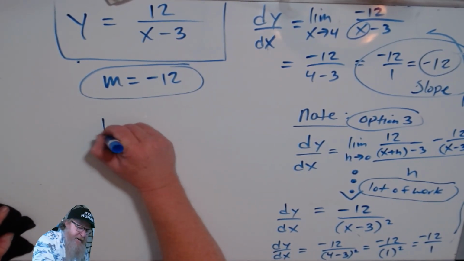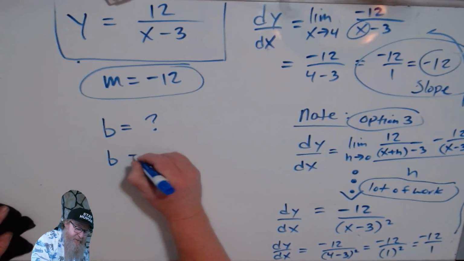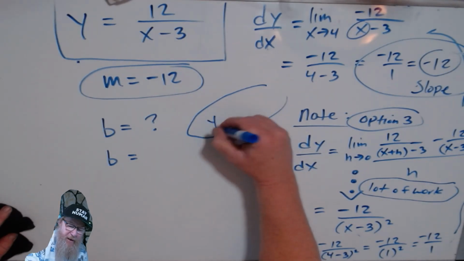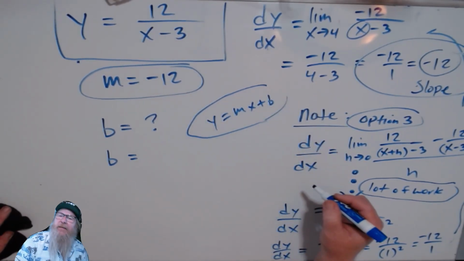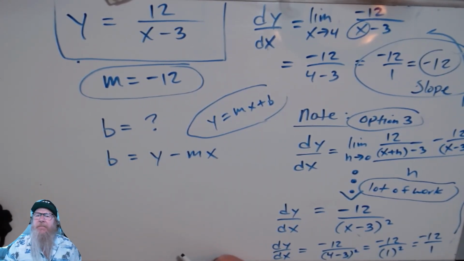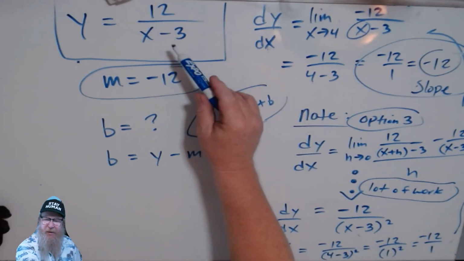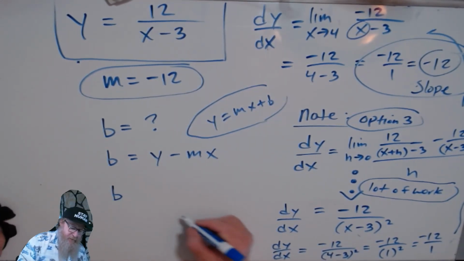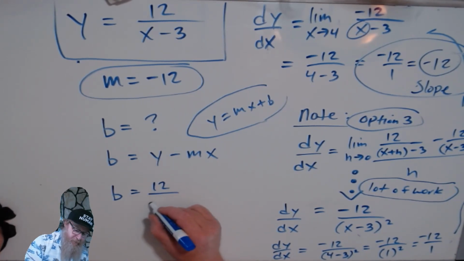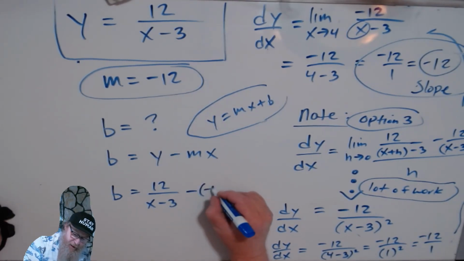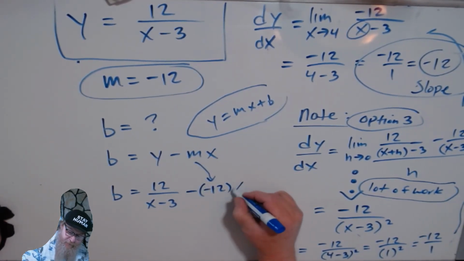Right, so now we need b. Remember, y equals mx plus b, so b is y minus mx. Here's our original function. So I've got 12 over x minus 3 minus negative 12 times x.